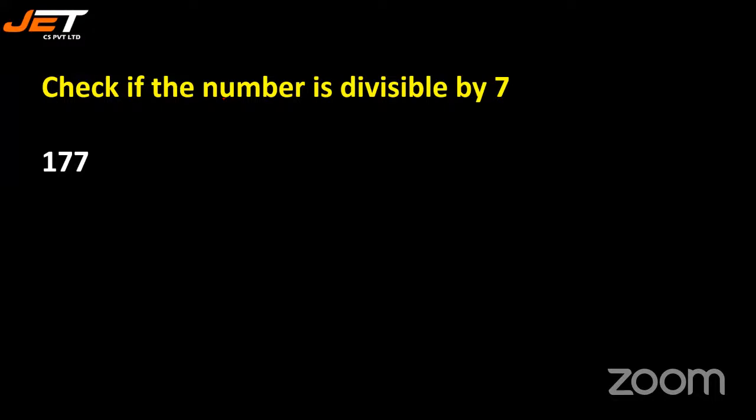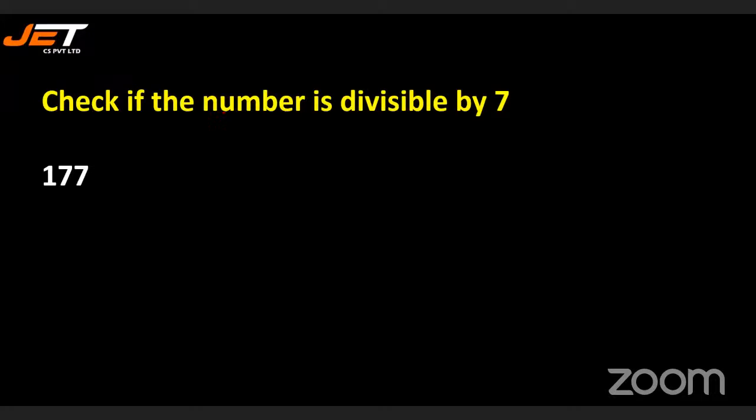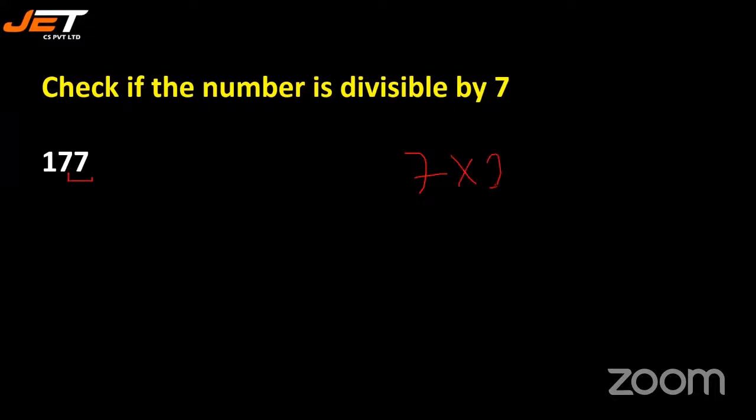Let's check for 177. Okay, so the last digit is 7. 7 times 2 is 14.